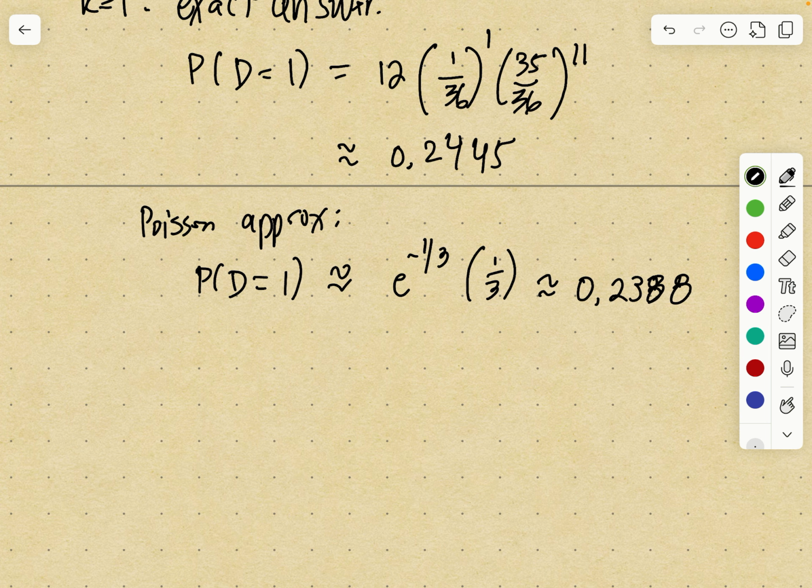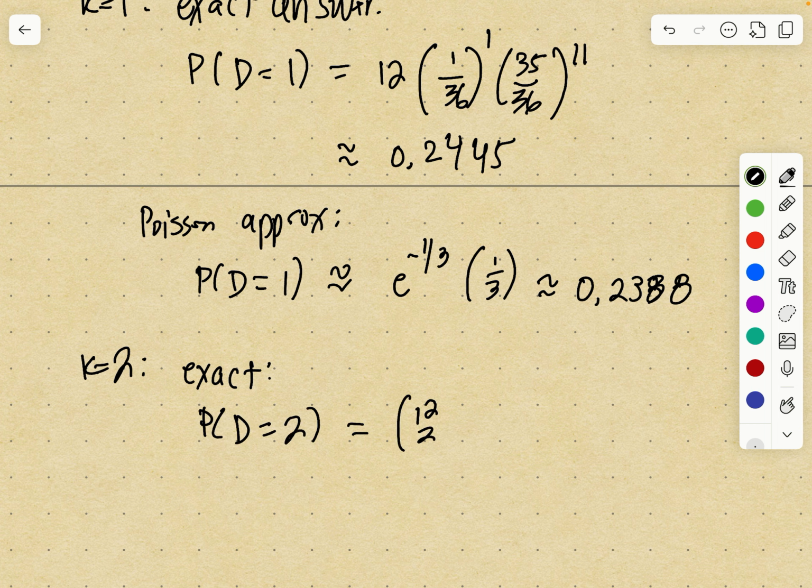And if you do k equals 2, let's just do one more, the exact answer is, well, the probability that d is 2 is 12 choose 2 times 1 over 36 to the second power times 35 over 36 to the 10th power.